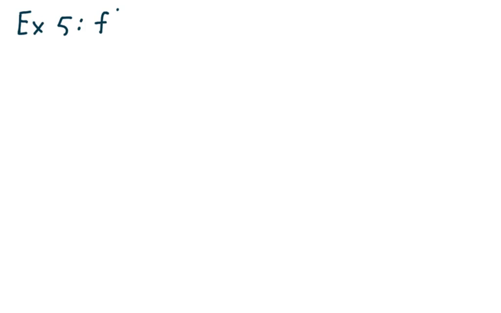So f prime of 0 equals f prime of 2 equals f prime of 4 equals 0. So right away that tells me 0, 2, and 4 are critical values or critical numbers, okay?